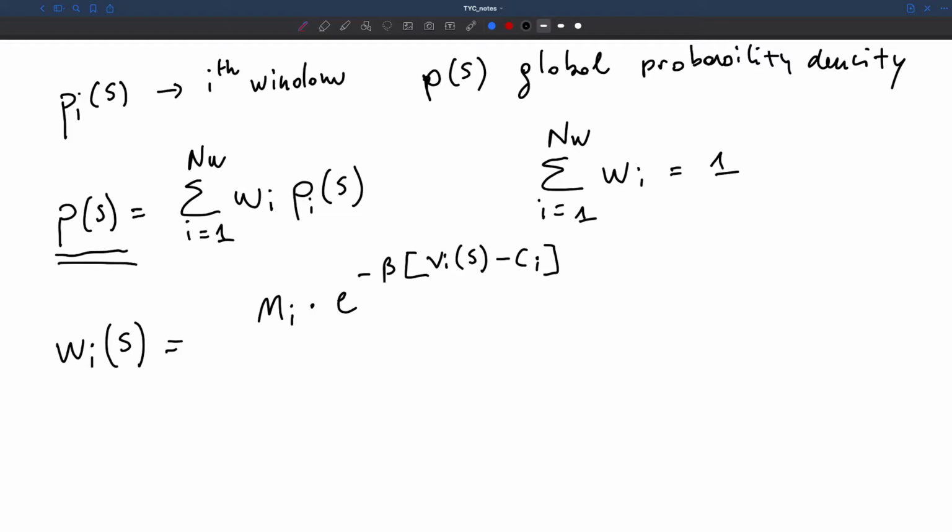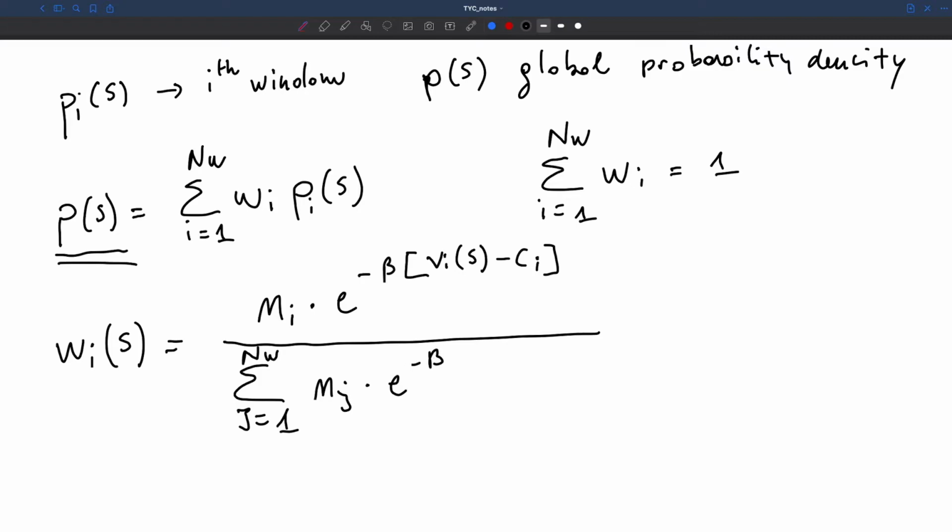And at the denominator, since these weights have to sum to 1, we have a sum with index j that goes from 1 to the number of windows of the same quantity, nj multiplied by e to the minus beta (Vj of S minus Cj).